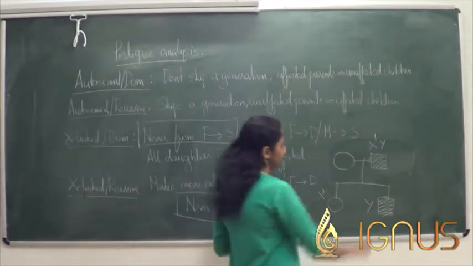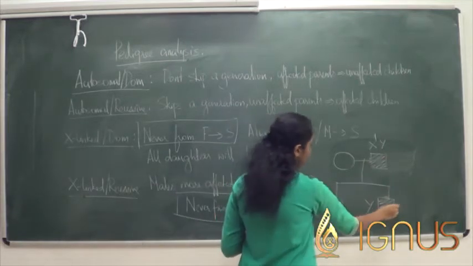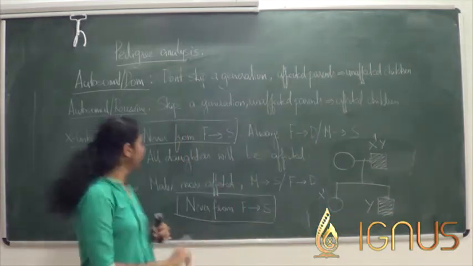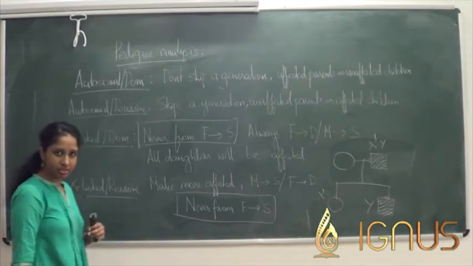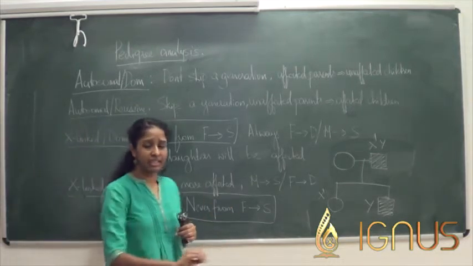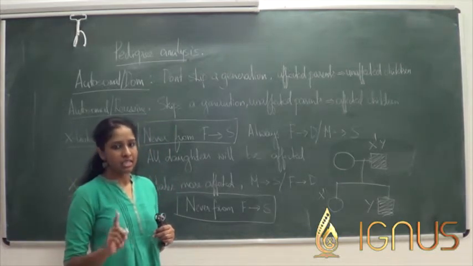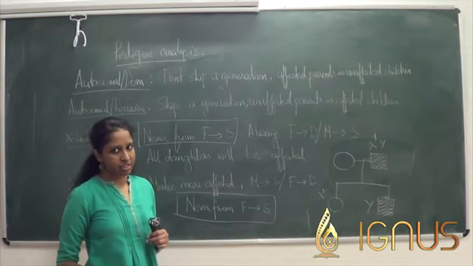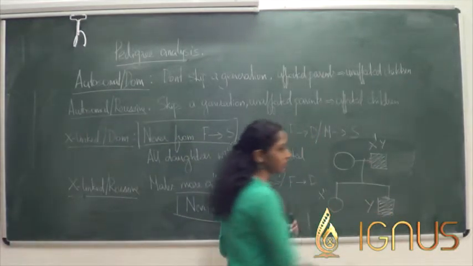So in this case, if the disease is being passed on from father to son, then it can neither be X-linked dominant or X-linked recessive. This is a clear-cut tip that I can give. Unless it's a Y-linked inheritance pattern, then it passes from the father to the son.